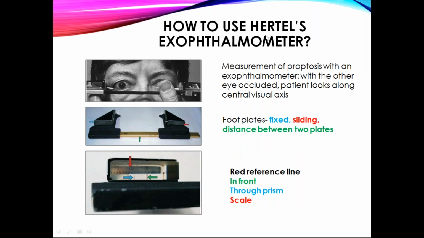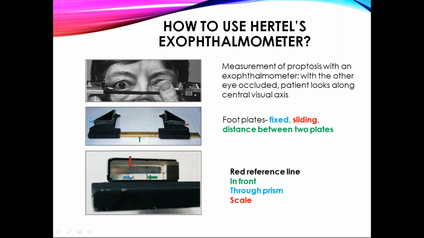Now this is an example of how to use a Hertel's exophthalmometer. You can see that these are the supports which are placed on the lateral orbital rim. One eye is occluded with the thumb of the examiner, and you note down the base readings. This one is fixed, and this is a sliding scale.